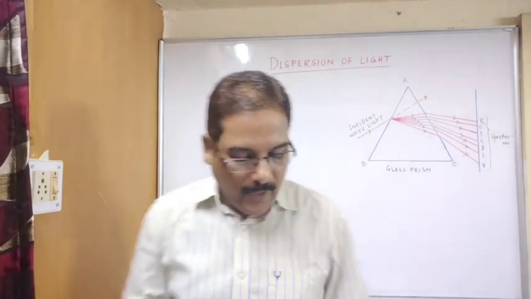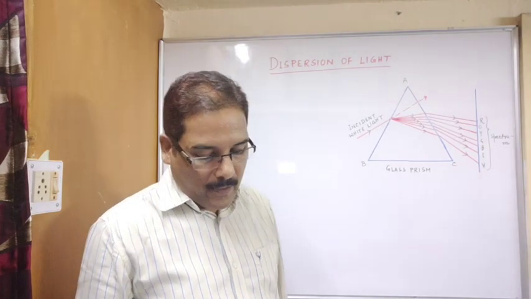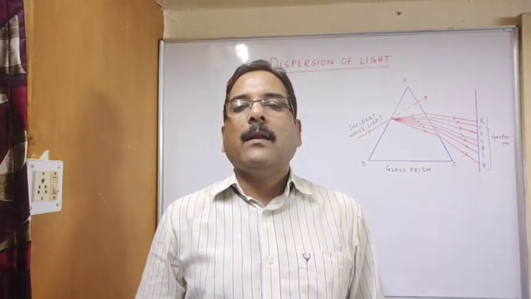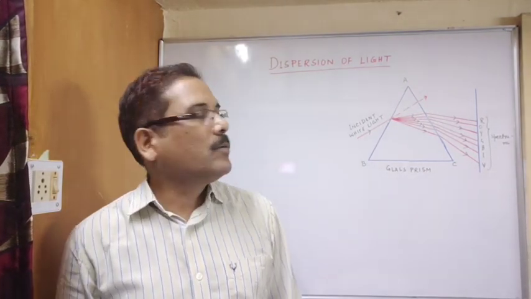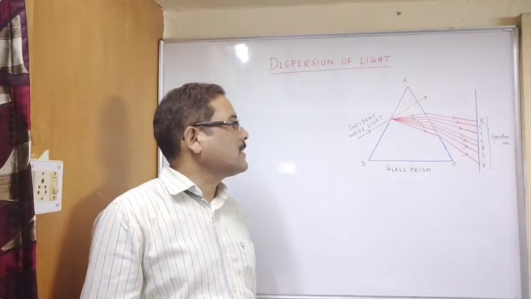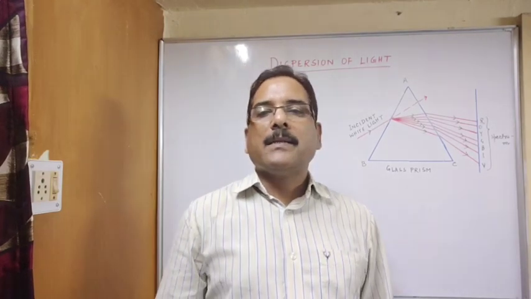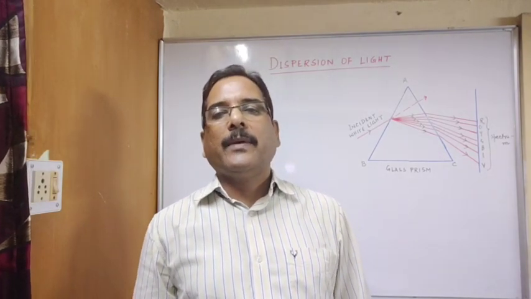So write what dispersion is. Write, when white light passes through a glass prism, it splits up into its constituent colors.